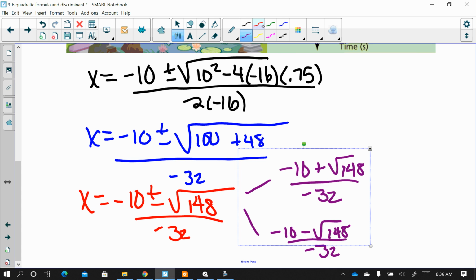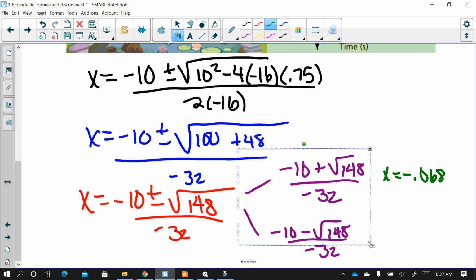Because we're talking about time here, we actually want a decimal. So in my calculator, I'm typing negative 10 plus the square root of 148, I'm hitting enter, and then I'm going to divide by negative 32. I get x equals negative 0.068. Okay, then I do it down here.